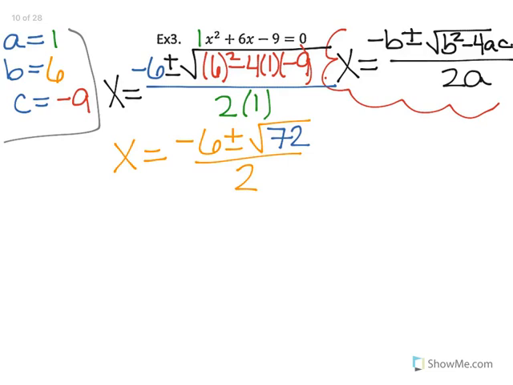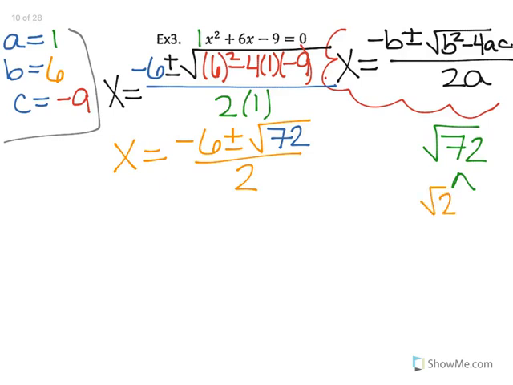Now, next step. You ask yourself, is the number inside the radical a perfect square? Well, the answer to that is no. 72 is not a perfect square. So, off to the side, we need to figure out what is the largest perfect square that goes into 72. So, we start listing them. 1 and 72. That's not going to work. Move on to 2. 2 and 36. Now, that could work.